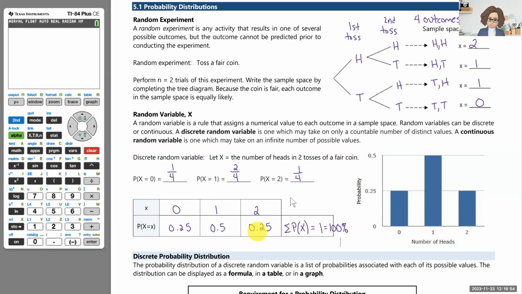So we know that there's a 100% chance that you're going to get 0 heads, 1 head, or 2 heads. That is called a probability distribution.